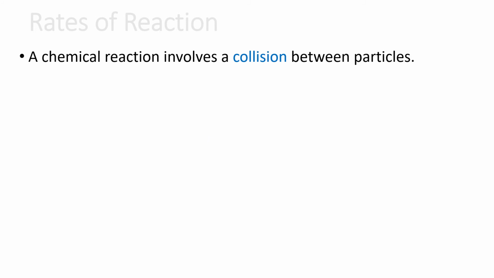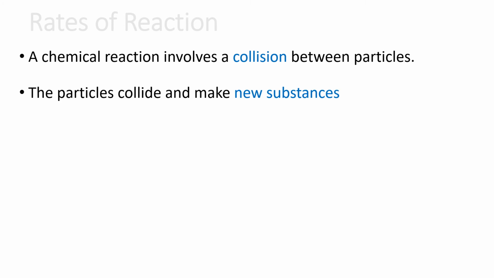All right. So in order to have a chemical reaction, you have to have a collision between particles. That's why I put the cars exploding, because that's a collision. Those cars are colliding. In order to have a chemical reaction, you have some particles, some little tiny pieces of whatever is reacting, colliding, smashing into each other. And they make something new. So you have two little things smacking into each other and making a new thing.